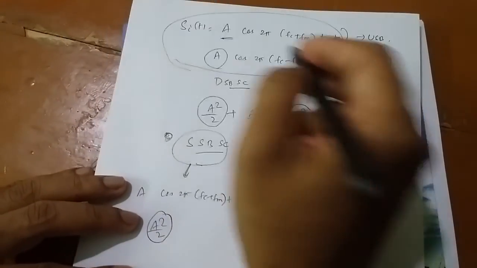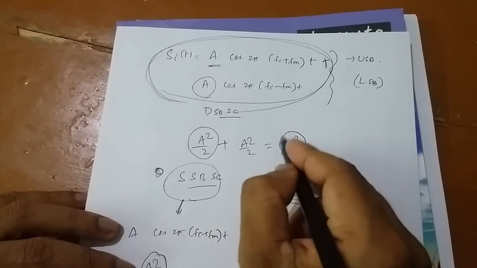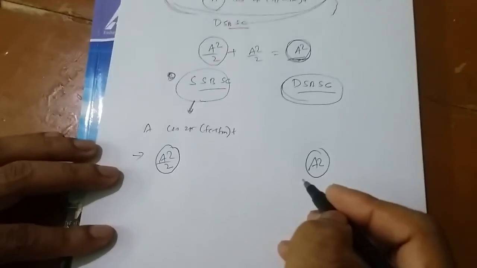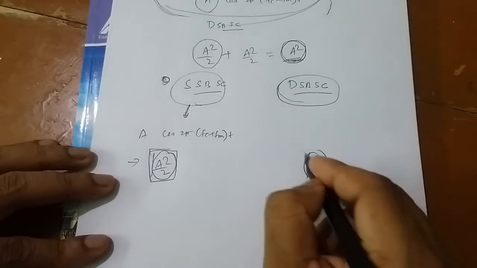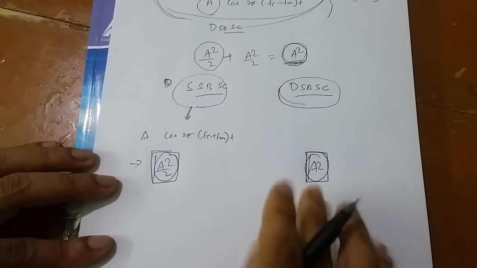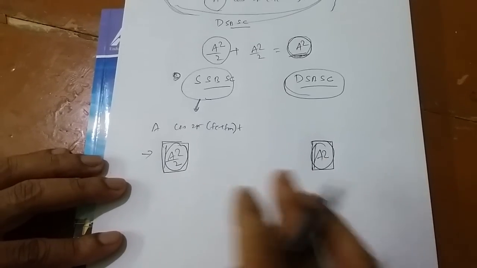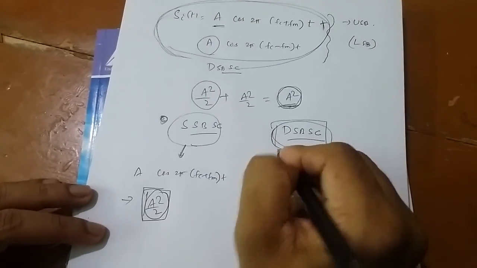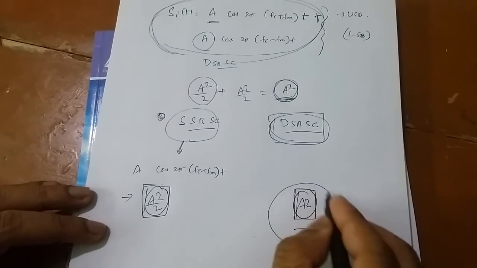But if you take this type of expression for double sideband, then you are getting the input power as A square. So you cannot do a valid comparison, because here the power is A square by 2, but here the power is A square. So to make a valid comparison between these two, we will arrange the equation of double sideband suppressed carrier in such a way that its input power is also A square by 2.